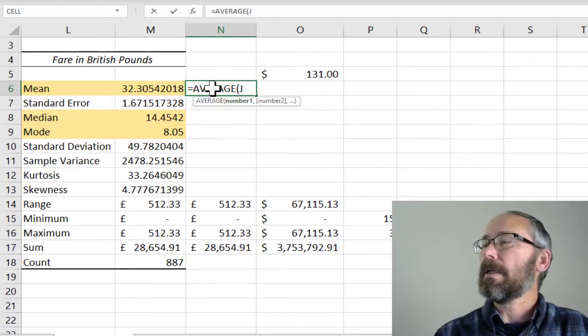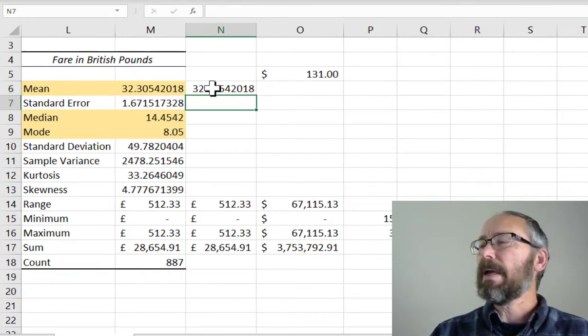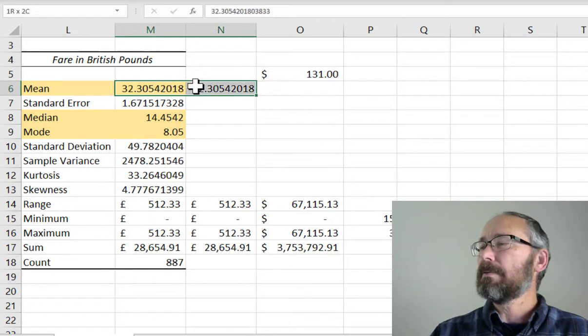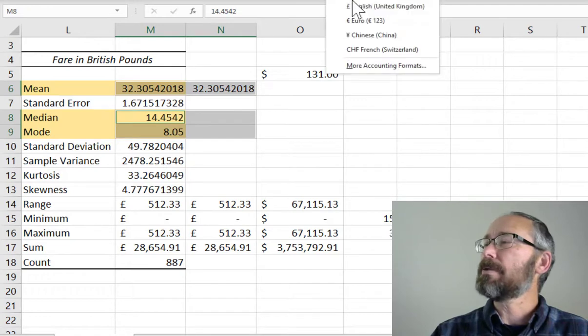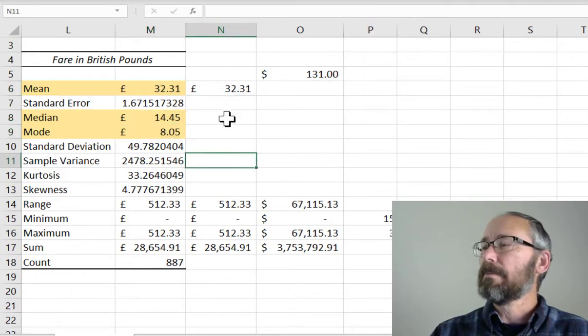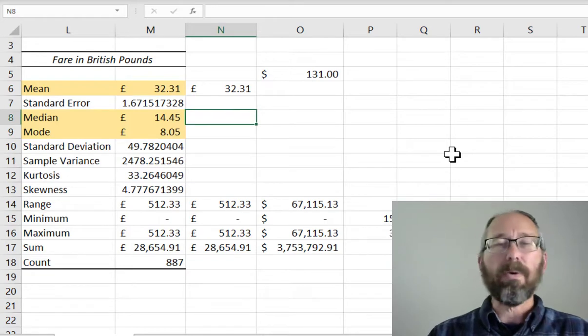And again, we're looking at J2 to J888. And there we go. And again, these are all British pounds. So I'm going to change this so that we know what we're working with here.